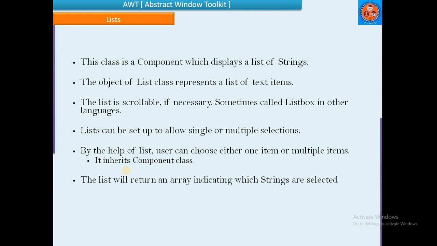In general, this list is used to display a set of strings. From that set of strings, we have to select certain strings which the user wants. Once the process is complete, it will return an array, which is a collection of strings selected by the user.